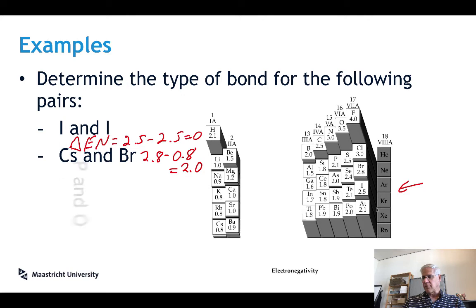And then we have one in here between phosphorus and oxygen. Phosphorus is 2.1, oxygen is 3.5. Minus 2.1, and we get 1.4, and so that would be our polar covalent type bond. So there we've seen all three types of bonds between these different elements.